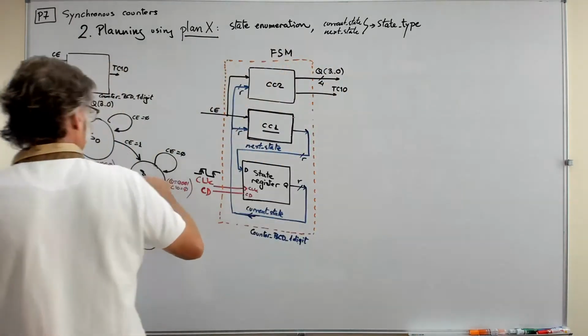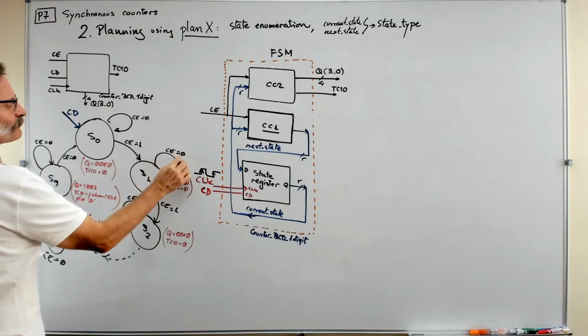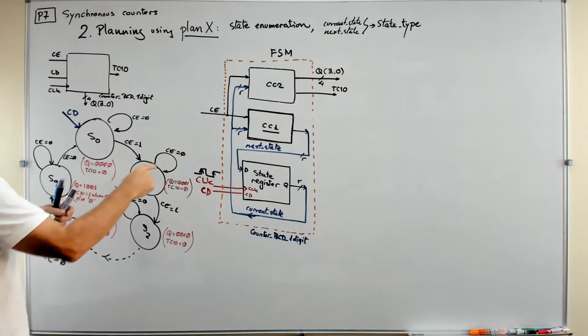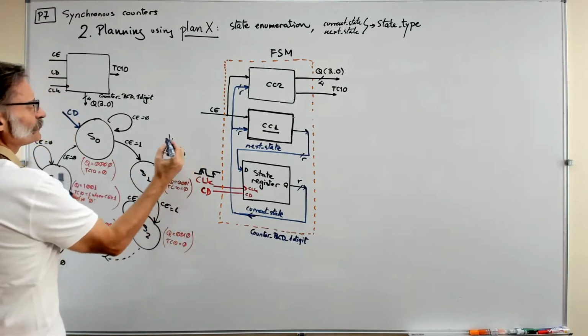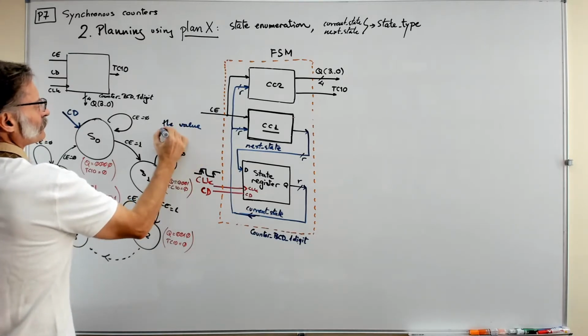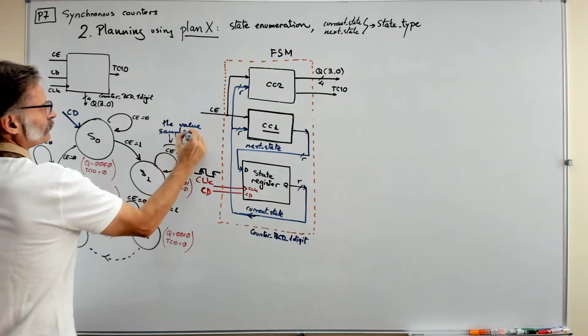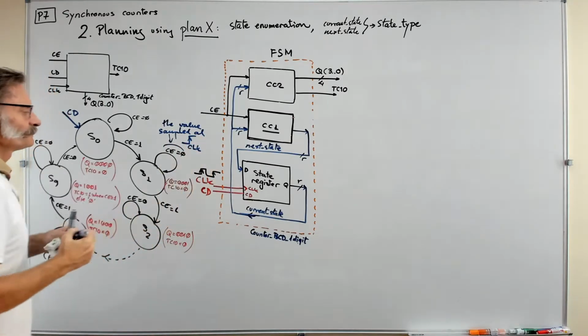You can repeat state 1 as many times as you like. If you are sampling the count enable equal to 0, this is the meaning of this idea: count enable 0 means that the value sampled at the rising edge of the clock is 0.